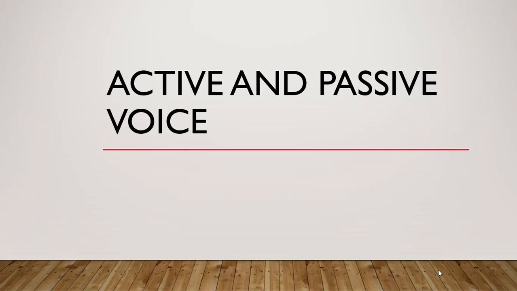Now, we know that in a sentence, there is a subject, an object, and a verb. And how this subject, object, and verb appear in a sentence determines whether the sentence will be active or passive voice.